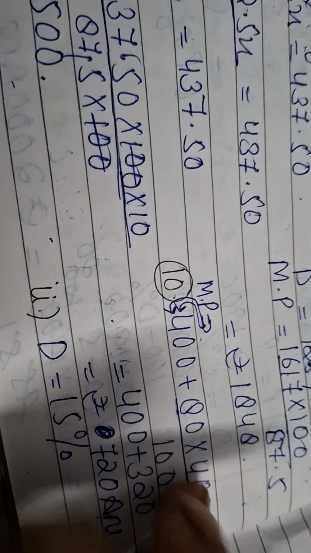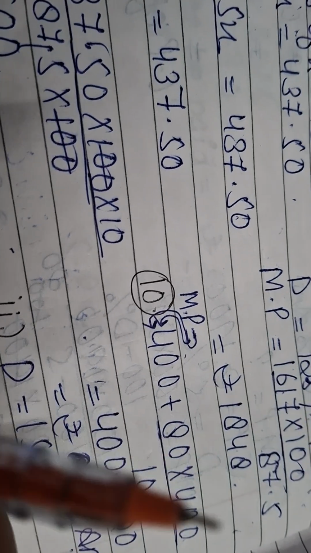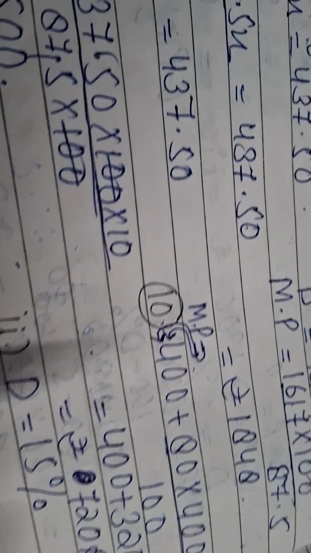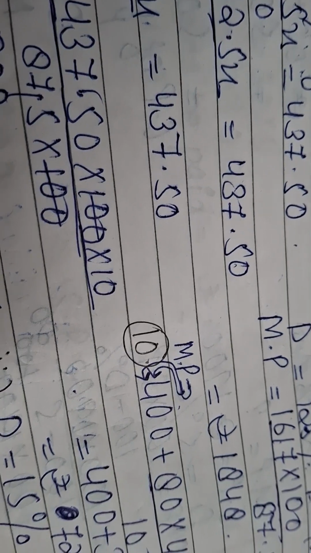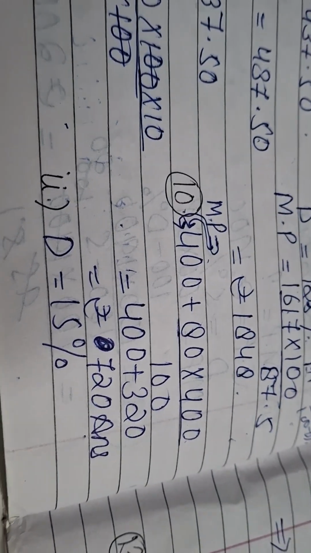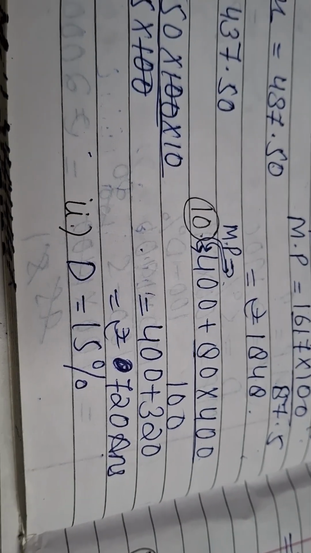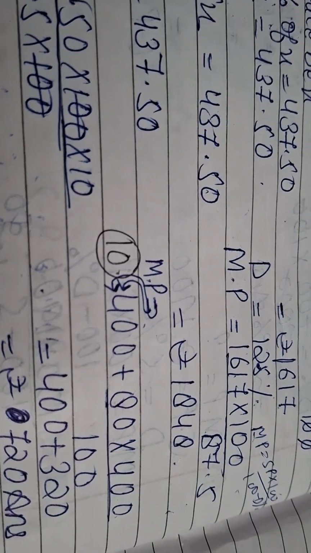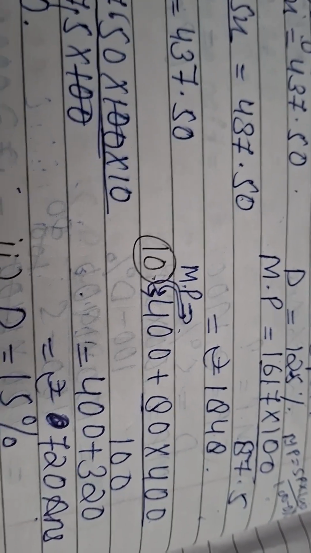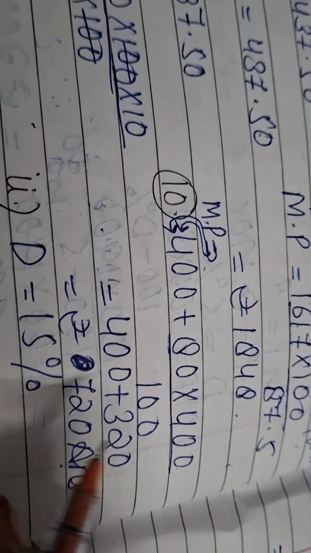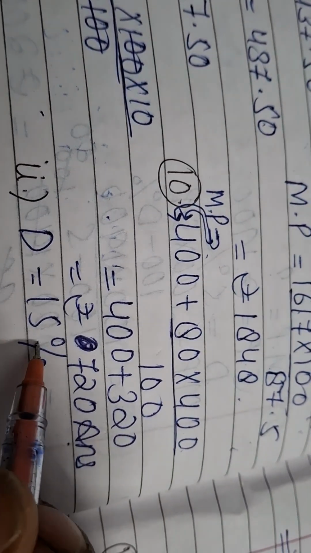Discount 15%. Now you have to calculate the selling price also. Now calculate the discount. You know the MP, you know the discount percent. Again you can put the formula.